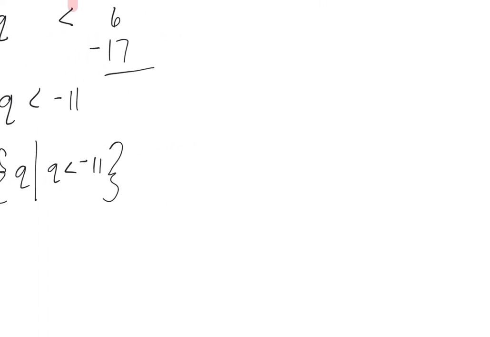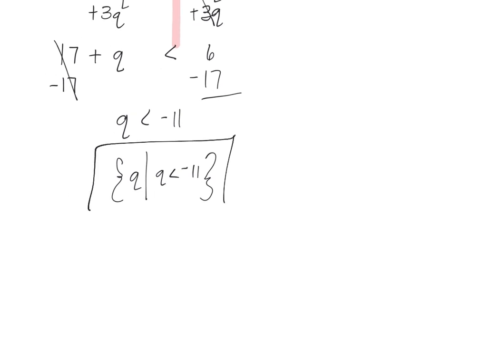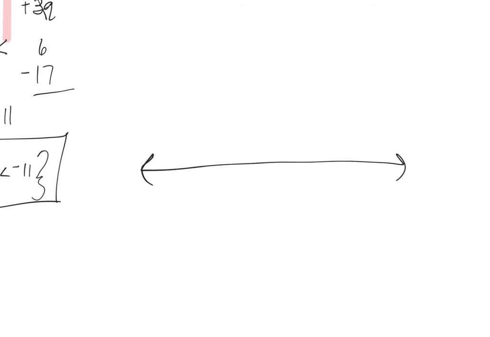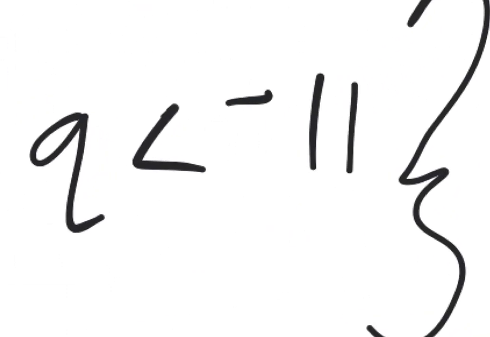Now, if you were going to graph that, you would go to negative 11 on your number line. And since it's a less than symbol, it does not include the number negative 11. Therefore, you're going to use a parenthesis. If it were a less than or equal to symbol, the equal to would include the number 11, and you would have to use a bracket.